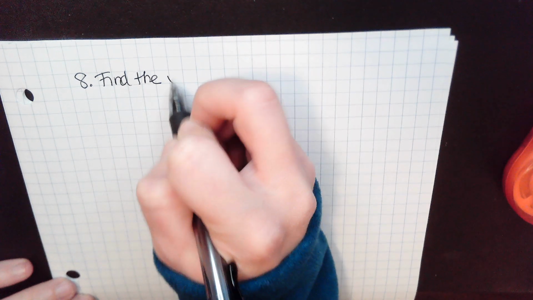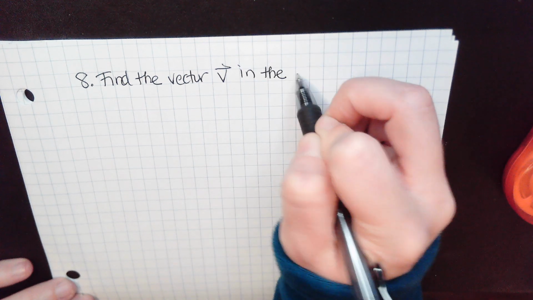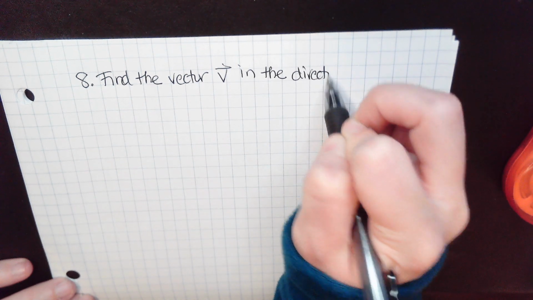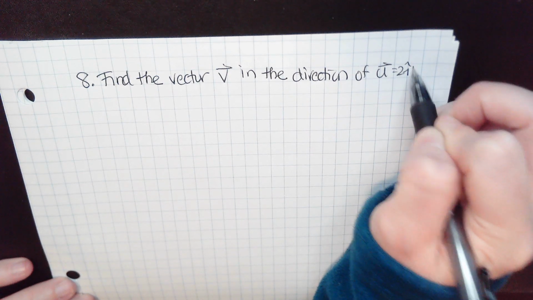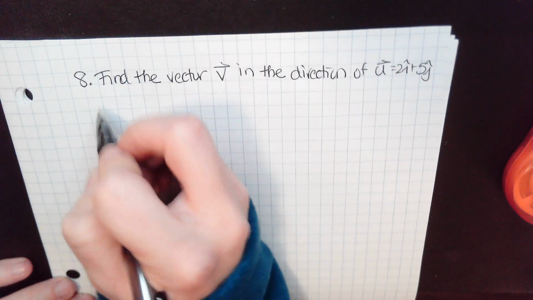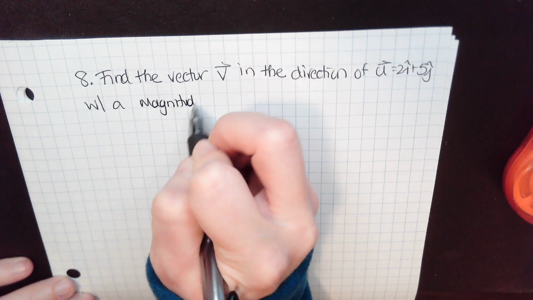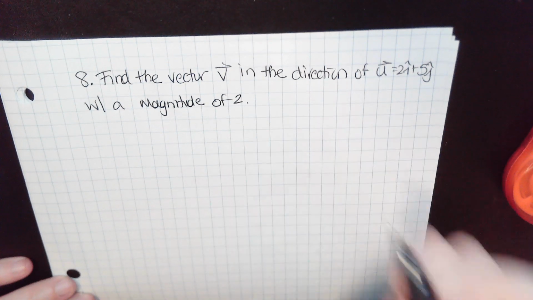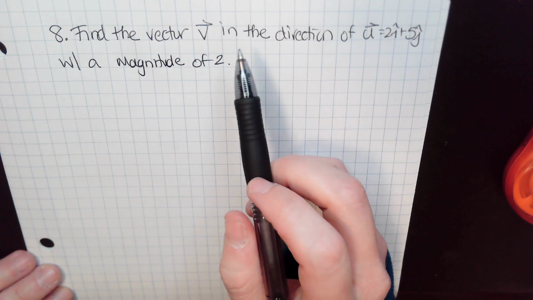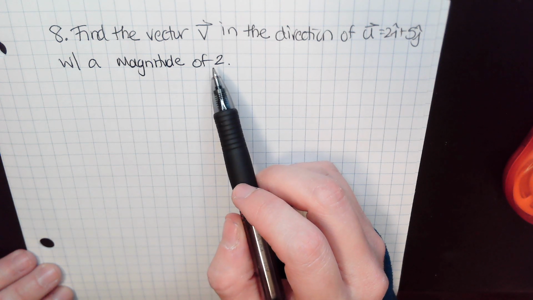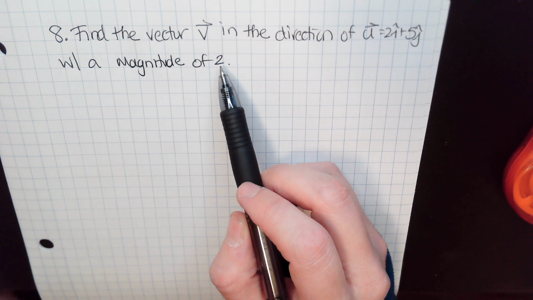Find the vector v in the same direction of u, which is 2i plus 5j, with a magnitude of 2. Okay, pause the video and do this one. You can do it using either of those methods that we just talked about.